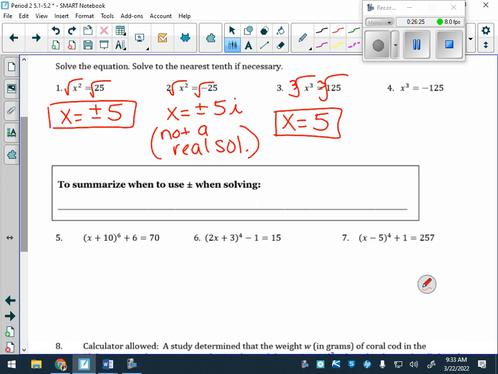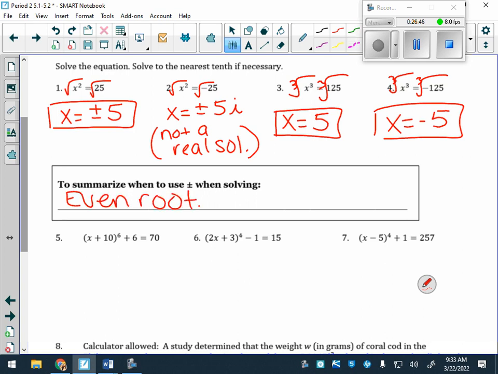How about if I took the cube root of negative 125? Negative 5. So, when you have an even root, that's when you use plus or minus.